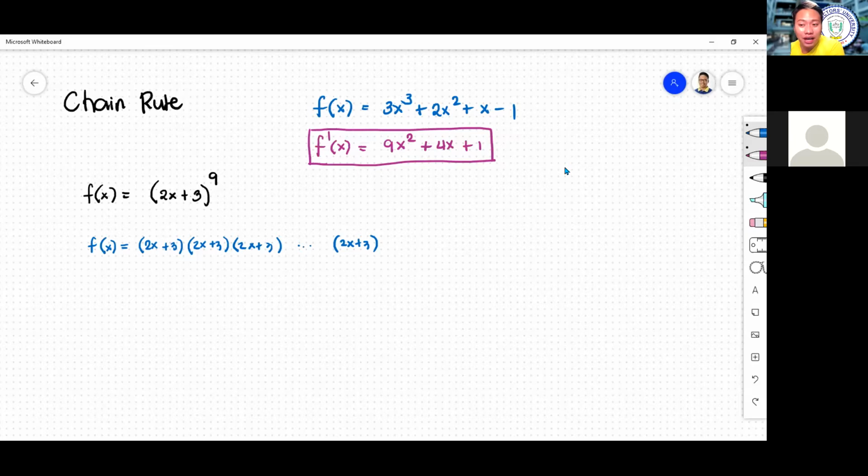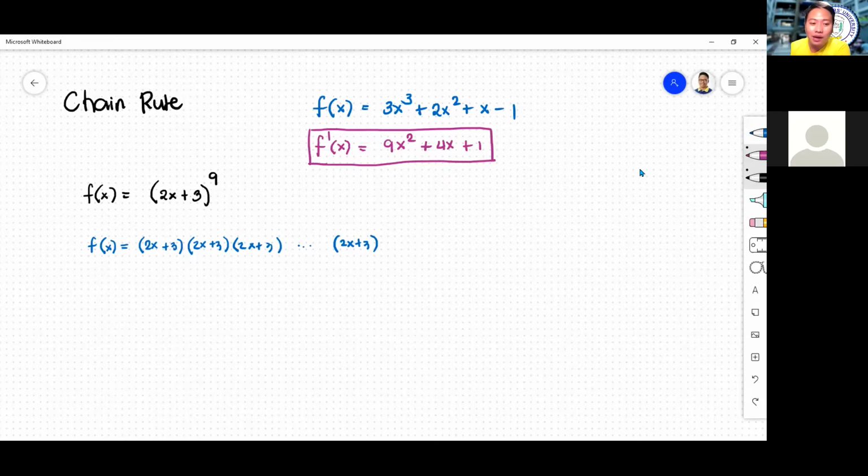The chain rule, guys, tells us that to get the derivative of the function, you need to start first with the outermost part of the function. When I say outermost part, you start with the outermost exponent, because that exponent is part of the function.